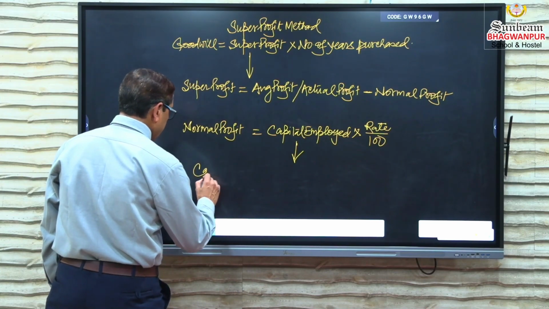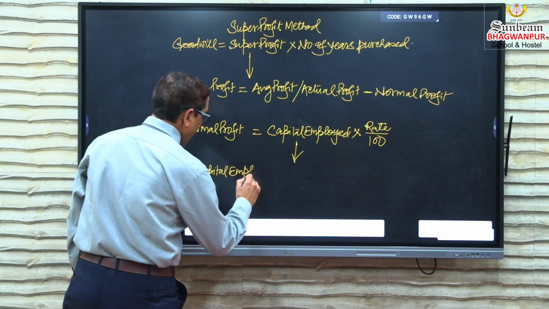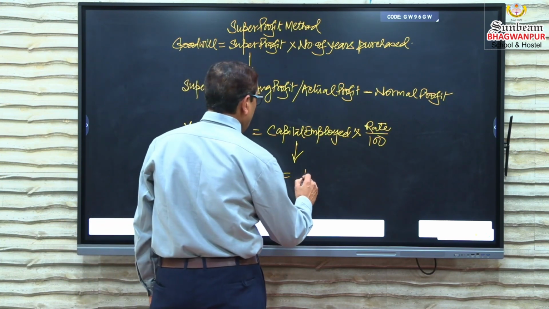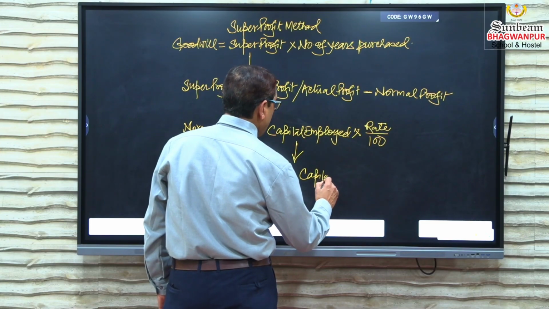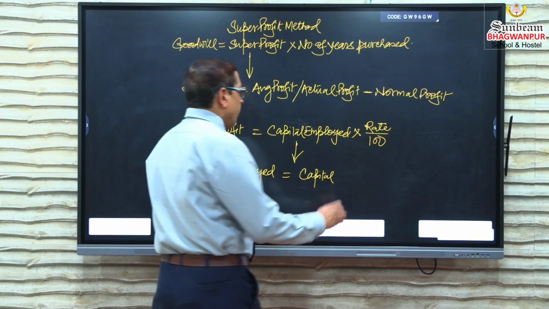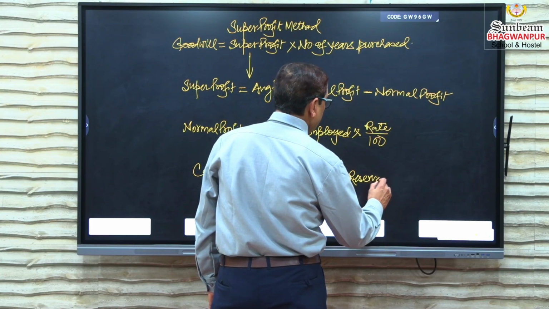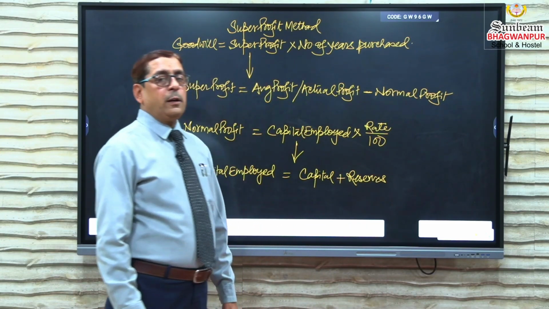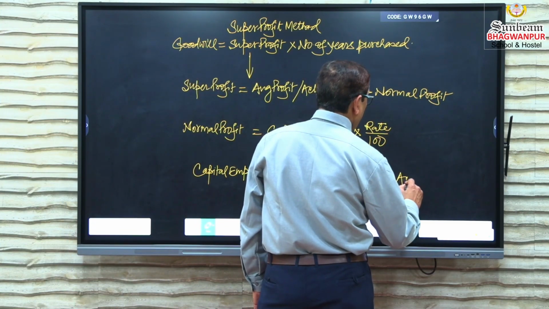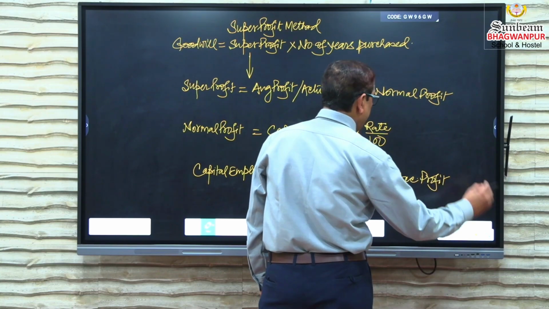How to find out capital employed? Capital employed is equal to capital introduced by the partners, plus reserves, if any, they have created earlier, plus accumulated or undistributed profit if lying in the business.